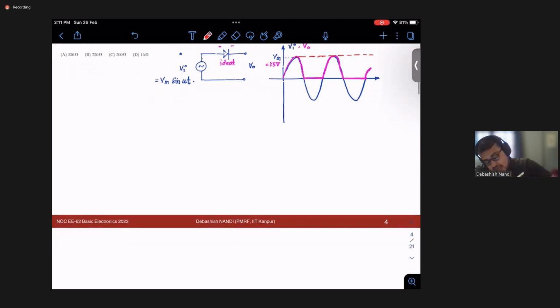So the idea is a half wave rectifier circuit with a capacitance across its load. Let's first draw the circuit diagram.